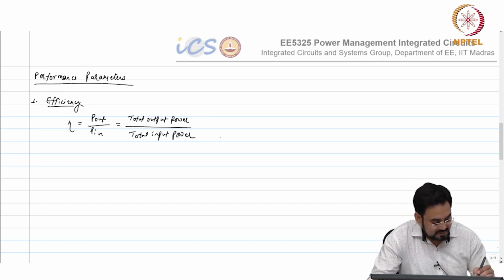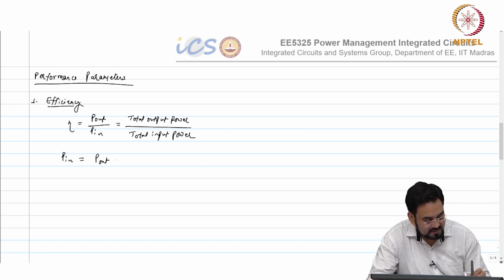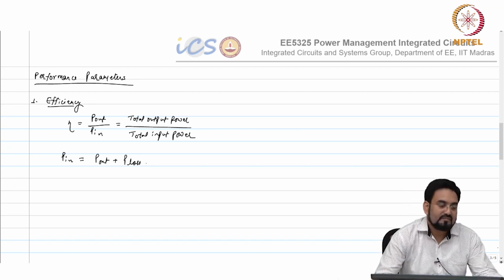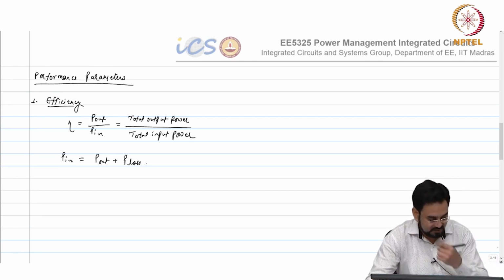Okay. So, your P in is nothing but P out plus P loss. Let us say I do not know P in, but I know the efficiency, I can still calculate the loss.